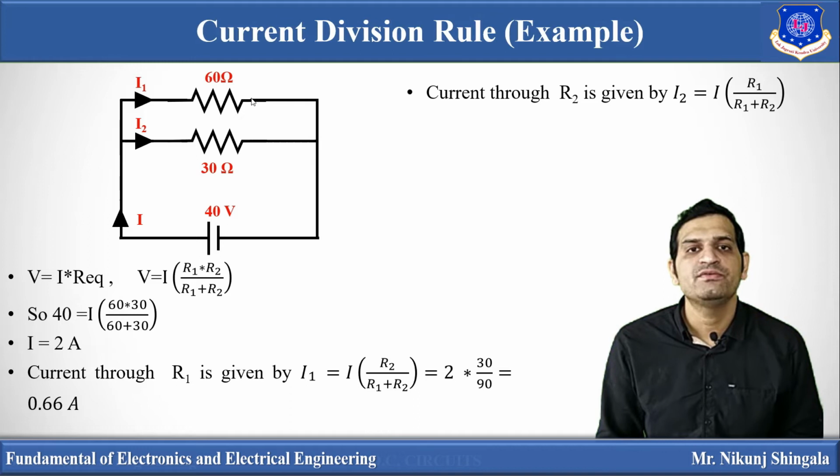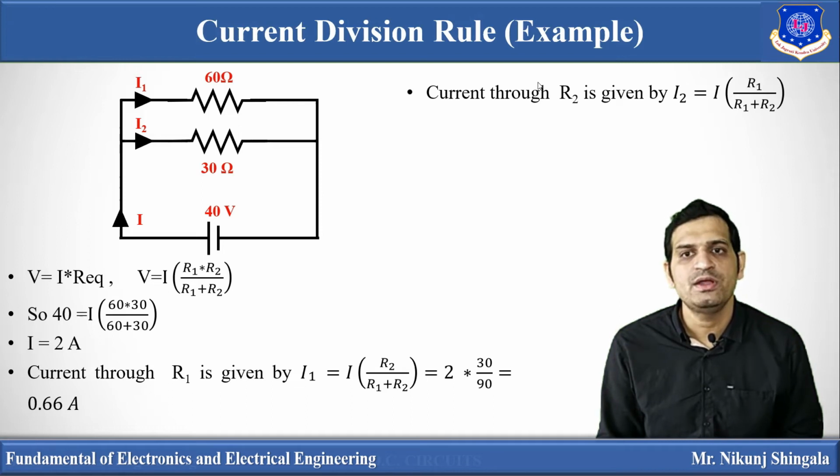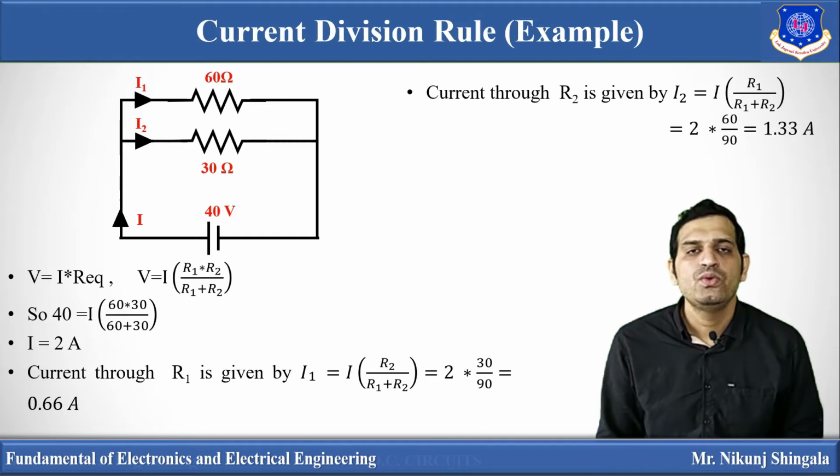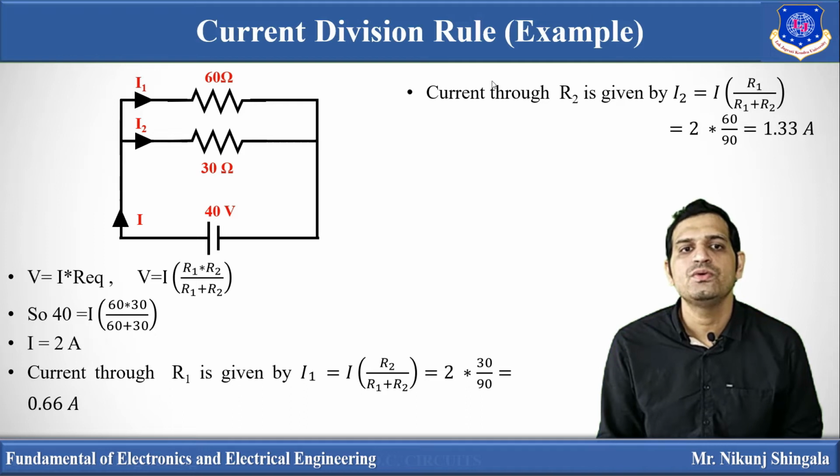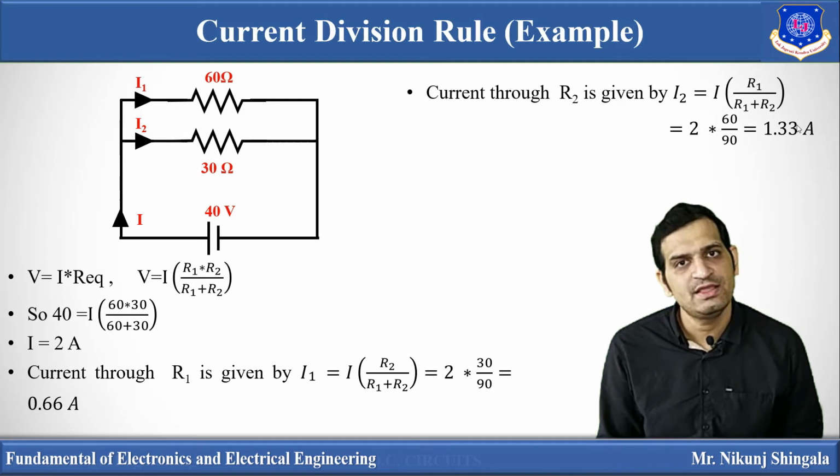Similarly, we can find the current through R2, given by I2 is equal to total current I into the opposite resistance, that is R1, divided by R1 plus R2. Putting the values of I, R1 and R2, we can write 2 into 60 divided by 90, that is 1.33 ampere. So current through 60 ohm is 0.66 ampere, current through 30 ohm is 1.33 ampere.